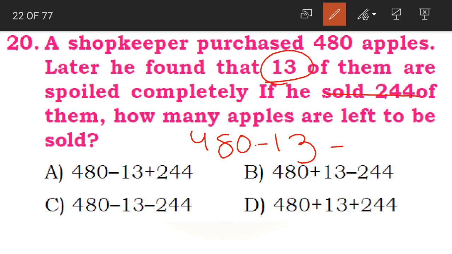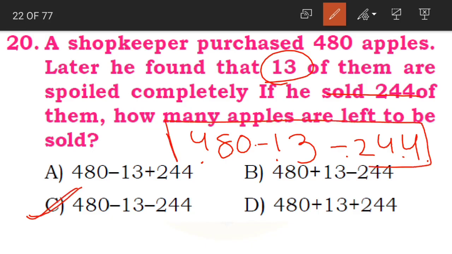Again, sold means what will you do? You will add or subtract. Sold means they are not with him now. He has given them away. So again you will subtract. So our answer is 480 minus 13 minus 244. Which option is that here? Option number C. Now when we subtract all these together, we will find out how many apples are left to be sold.